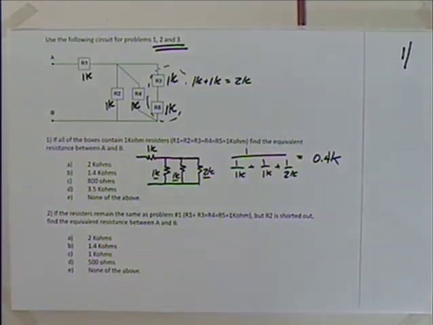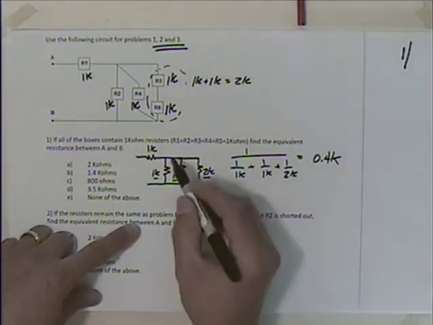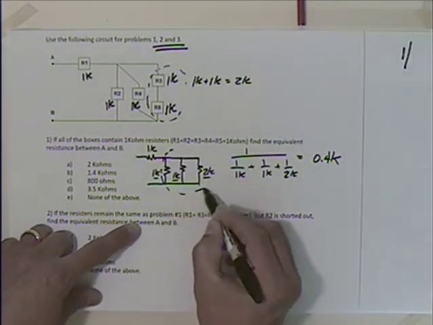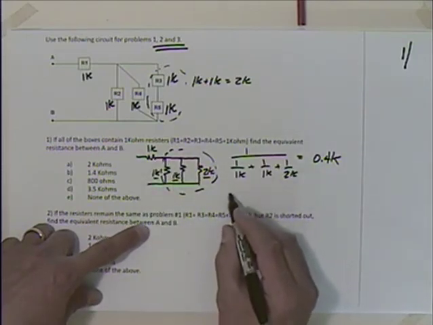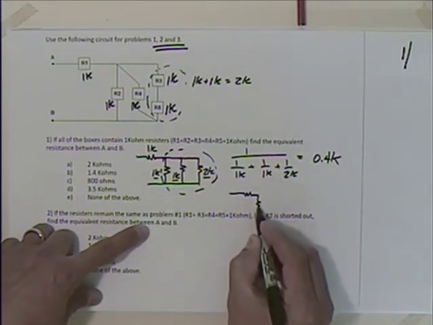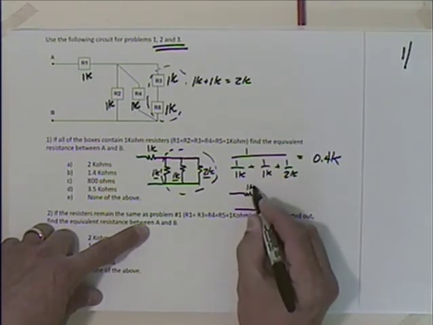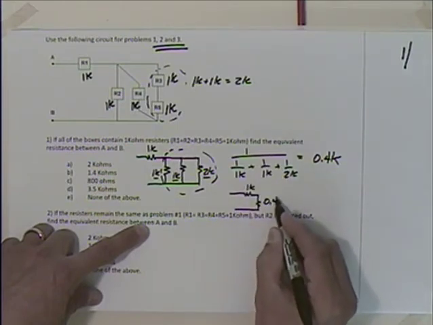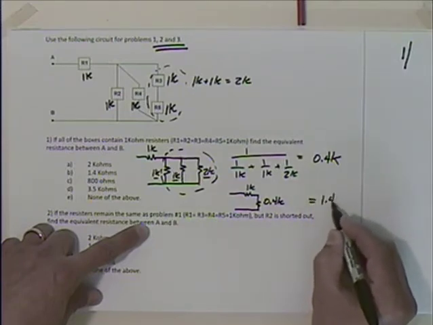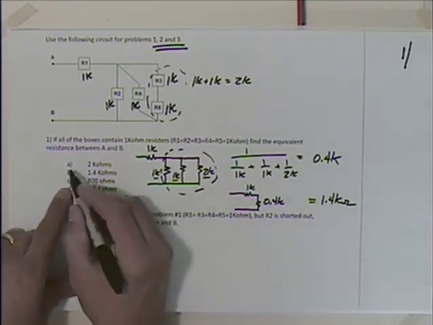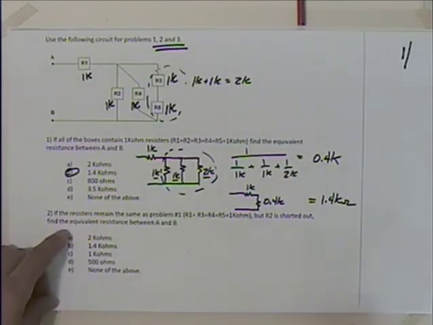I think that's what the solutions have, but just to check it. Yes. Okay. Now, that is just this parallel piece here, so you would still have to add that 1K to it, or if you wanted another diagram, you'd have something like this. The 1K here and the 0.4K we just found, and we'd recognize then that the answer is 1.4K ohms. So we would have answer B there.